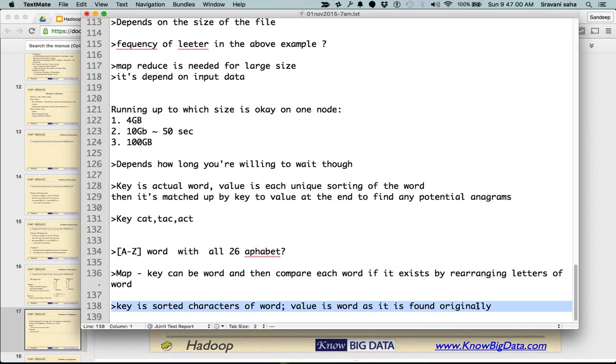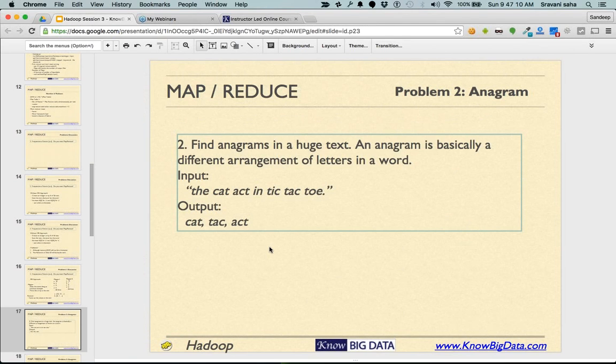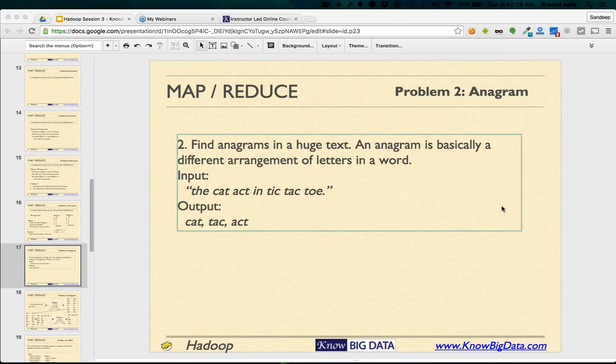Is this approach correct, the one in the last line? Yes. So this approach is correct actually. Great. Thank you.